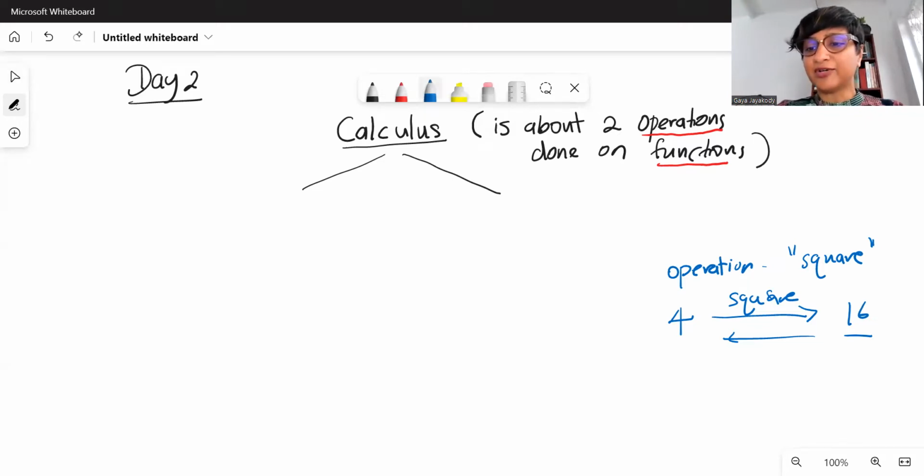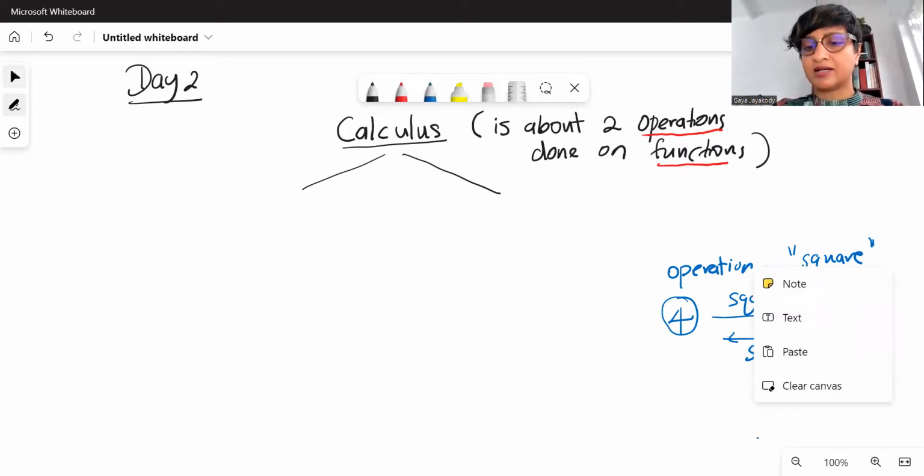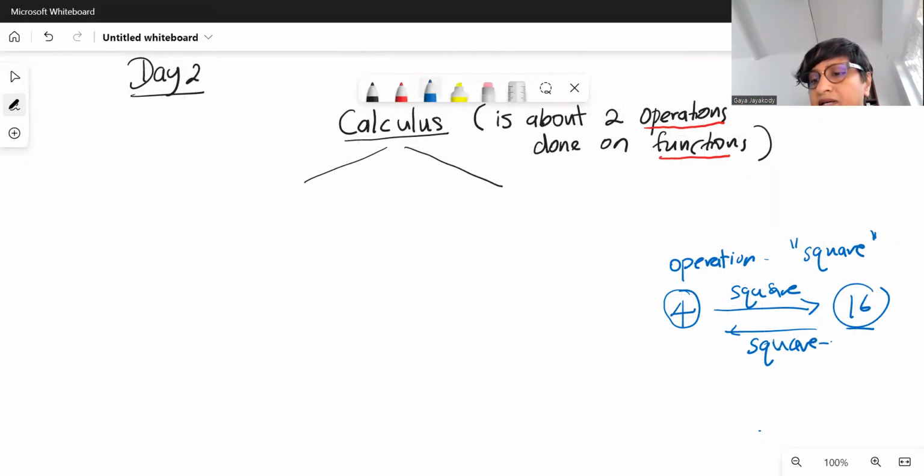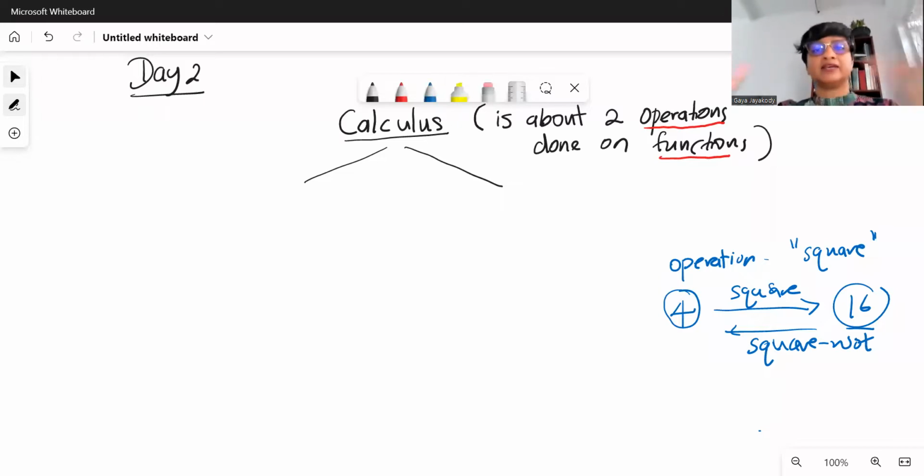When you start with 4 and square it, you get a unique number, 16. If you take one number and square it, you always get only one number. But now if I come back, if I take 16 and square root it, do I get back my 4 only, or what happens?